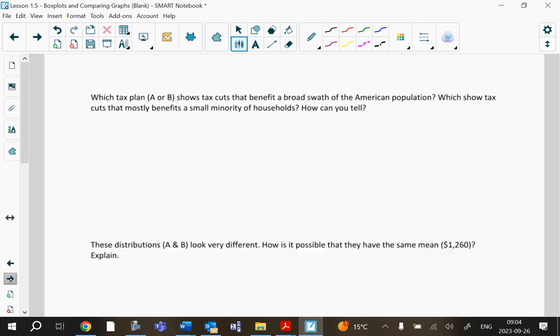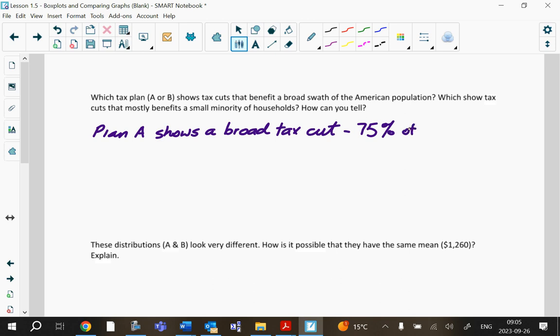We would say Plan A shows a broad tax cut because 75% of households had tax cuts of 500 or more.